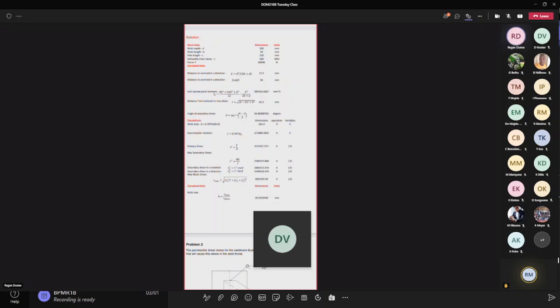I just realized I've written H equals tau max over tau allowable, which isn't correct, because tau max is tau allowable. That's what we're looking for. So when we're solving that equation, tau max equals the square root of tau x double prime squared plus tau y prime plus tau y double prime squared, we're going to get an answer with h as a variable.